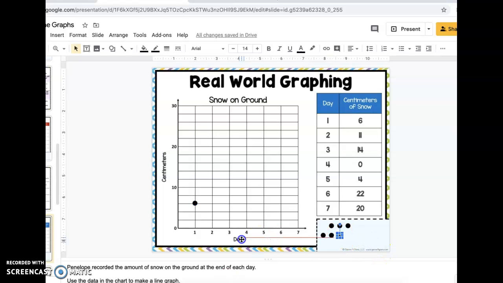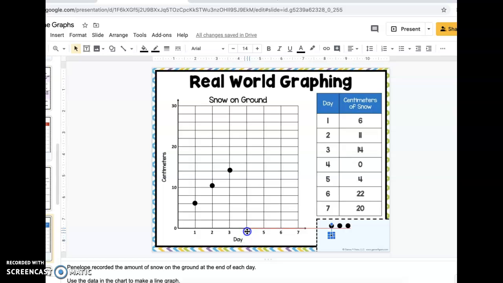Day 2 is 11. Well, here's 10. It's just a little bit above 10. Day 3 is 14. So, let's see. We're going to go to 10, 12, 14. Okay, my days are the x-axis, my y-axis is the centimeters, so I'm going to my x-axis, and that's 4.